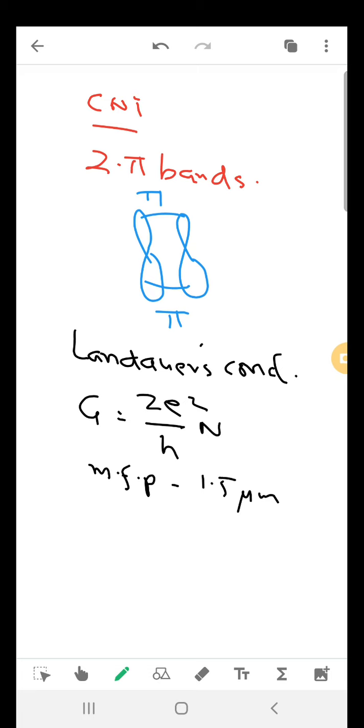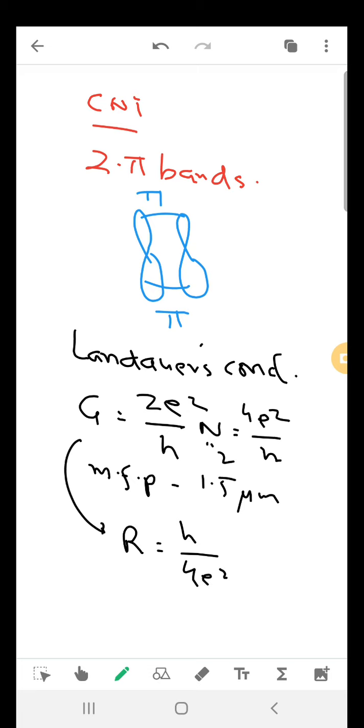And usually this R will be the reverse of that, so it will be h divided by 2 e squared n. Assuming there are 2 pi bands, so this n is equal to 2, so it forms 4 e squared by h, and R is again h by 4 e squared.